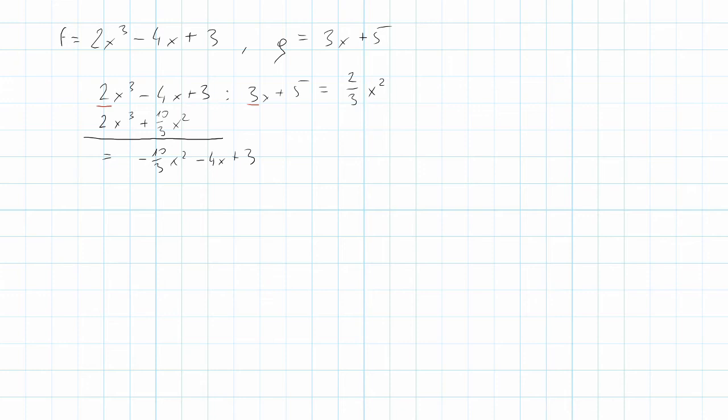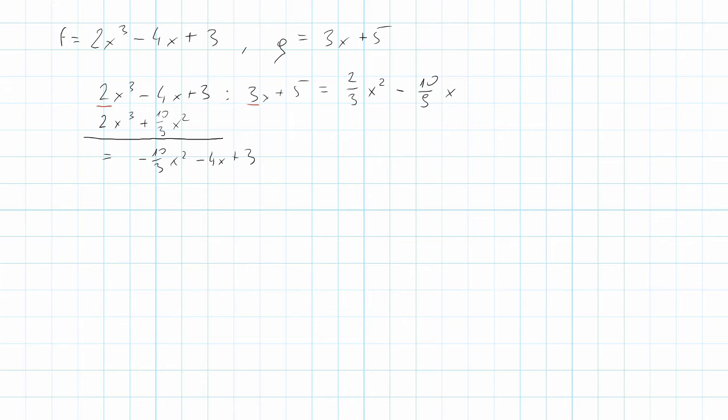So now the next coefficient of our quotient is minus 10 over 9, and of course we can compute the exponent of the variable which is 1, so it's x. However, as I said, in the algorithm we don't do it, it is done automatically.